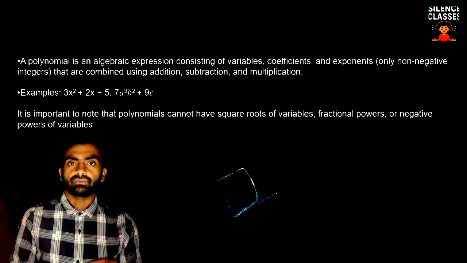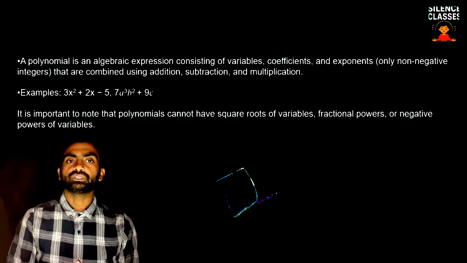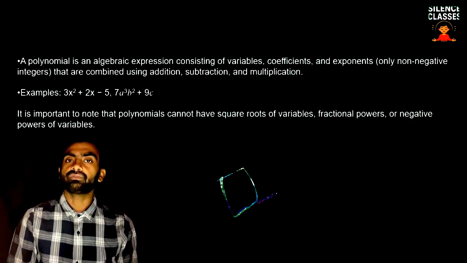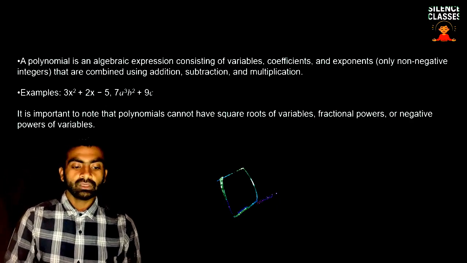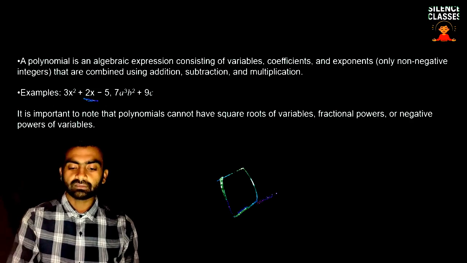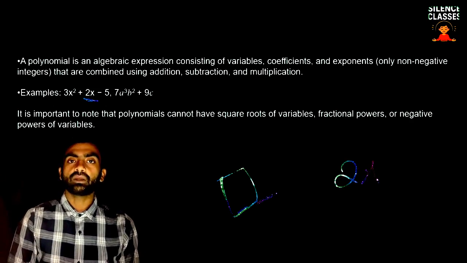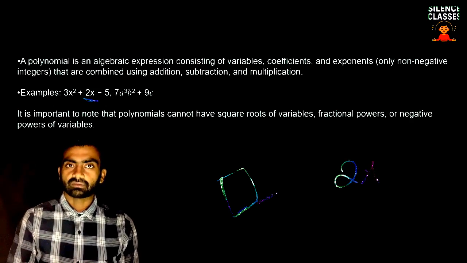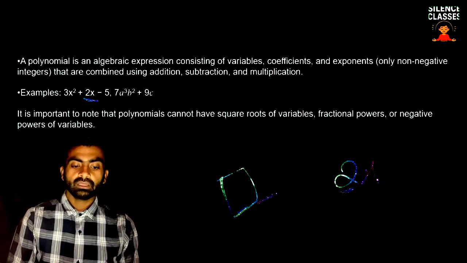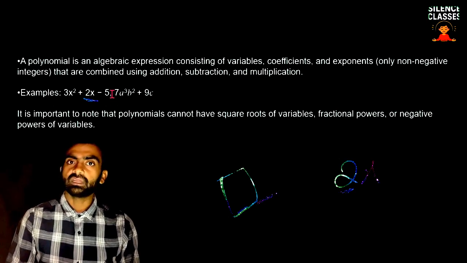If the question asks you to write down the coefficient of x square, you will write that 3 is the coefficient of x square. This is also a term, 2x. If asked for the coefficient of x, you will write that 2 is the coefficient of x. And 5 is the constant value.